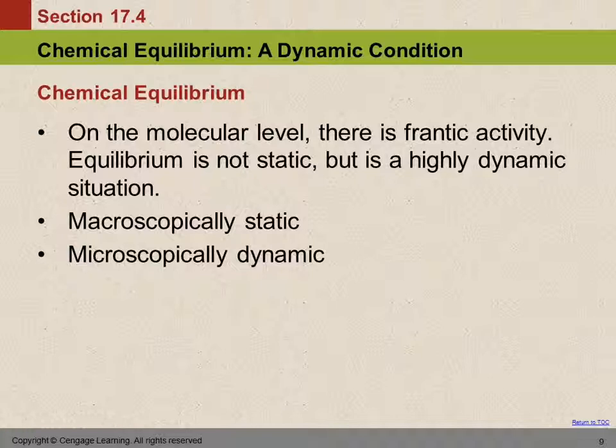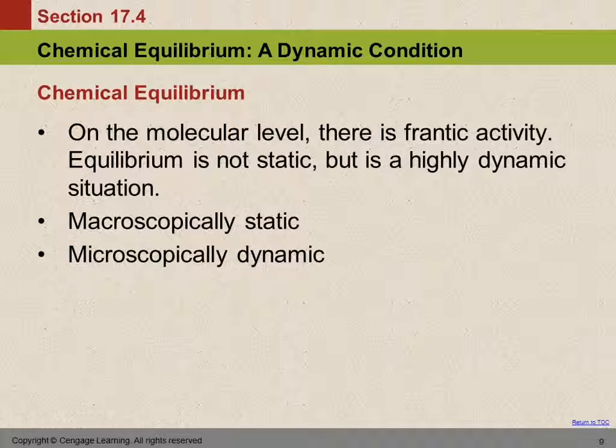So this is kind of a neat way to say it. For a chemical equilibrium, on the molecular level, there is frantic activity. Molecules are reacting. They're either evaporating and condensing, or they're going in the forward reaction and the reverse reaction. It's not a static situation where everything's just frozen.